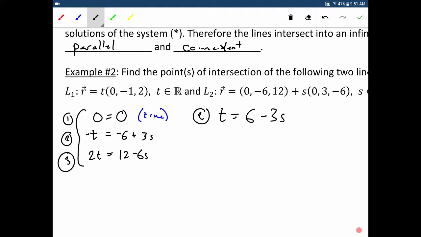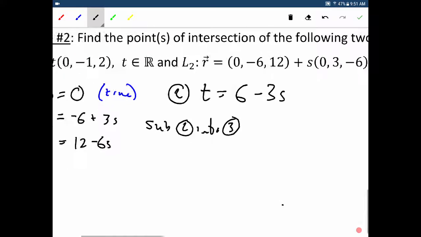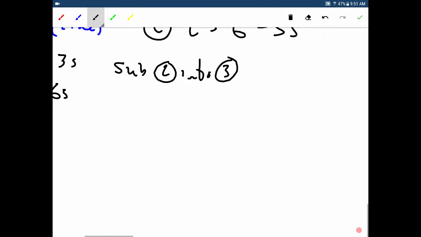And now I'm going to sub 2 into 3. Okay, so I will get 2 times 6 minus 3s is equal to 12 minus 6s.